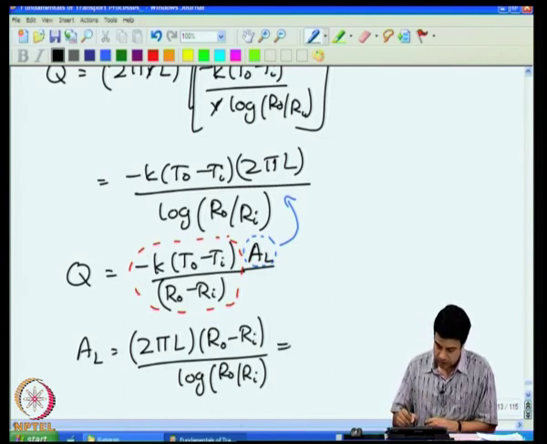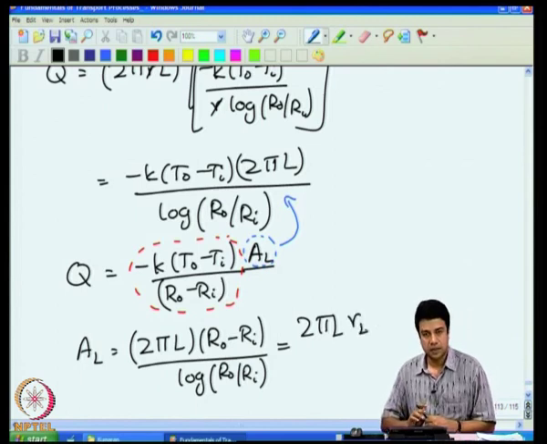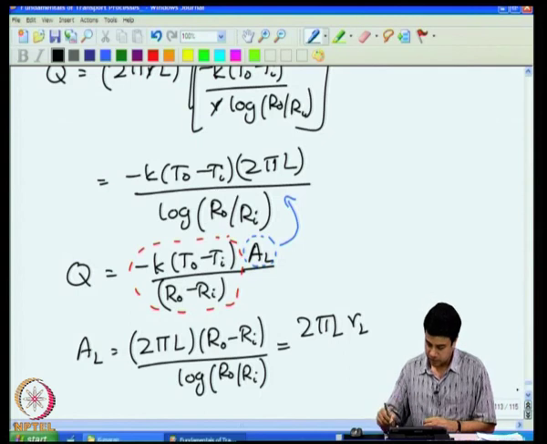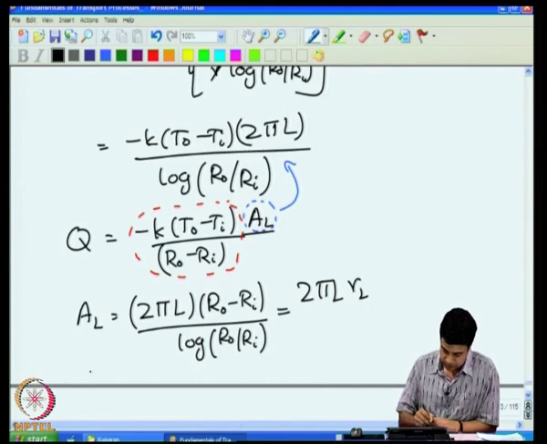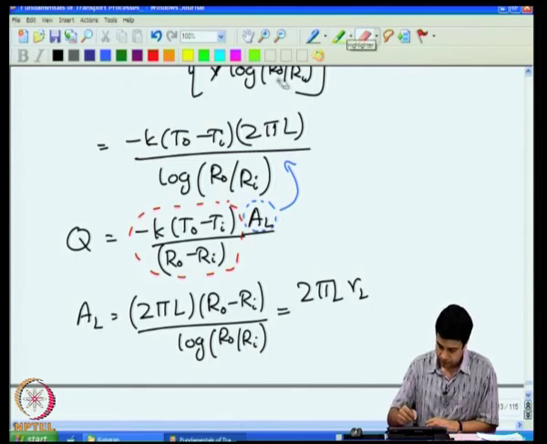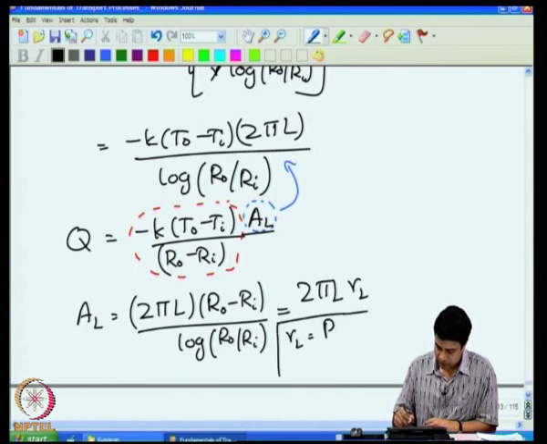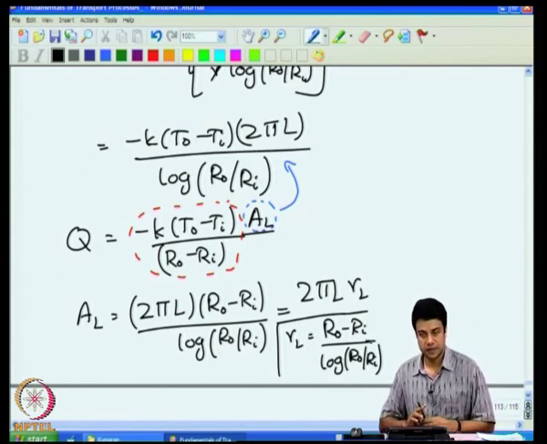So, this is equal to 2 pi L times R_L, where R_L is defined as R_o minus R_i by log of R_o by R_i, the logarithmic mean radius.